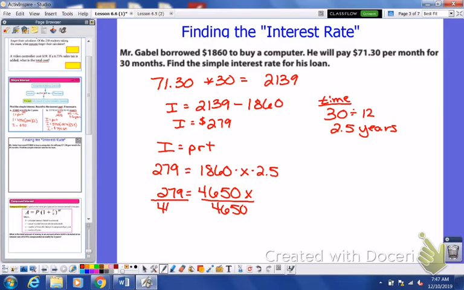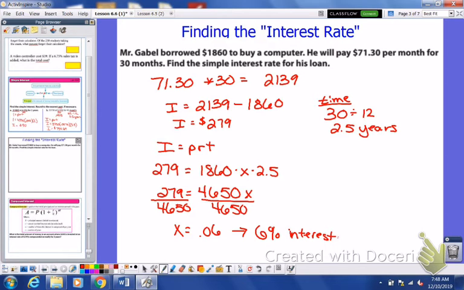So divide both sides by 4,650, and we get that x equals 0.06. I want to know the percentage, so times 100 gives us 6% in interest. So there was an example where we had to find our variable on the right side of the equation versus just substituting in to find our interest.